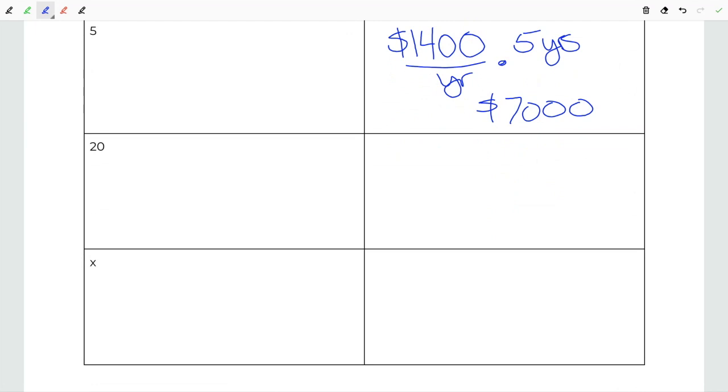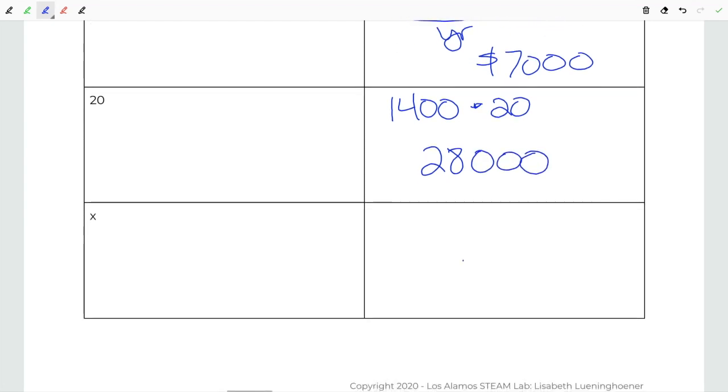In year 20, we have paid $1,400 per year for 20 years, and that tells us we have paid $28,000. And finally, in year X, we are paying $1,400 per year for X years.